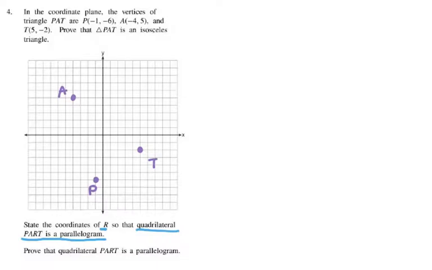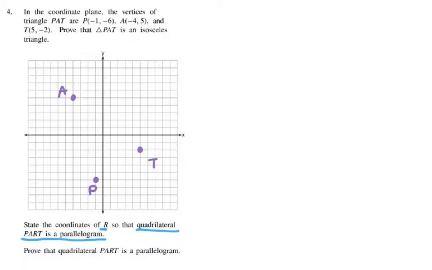One thing I do need to pay attention to is the order that the letters are written. I could easily create a parallelogram by plotting a third point somewhere over here, a fourth point somewhere over there. However, in labeling it, it would not be quadrilateral PART. It would be PRAT. So the order here makes a big difference.